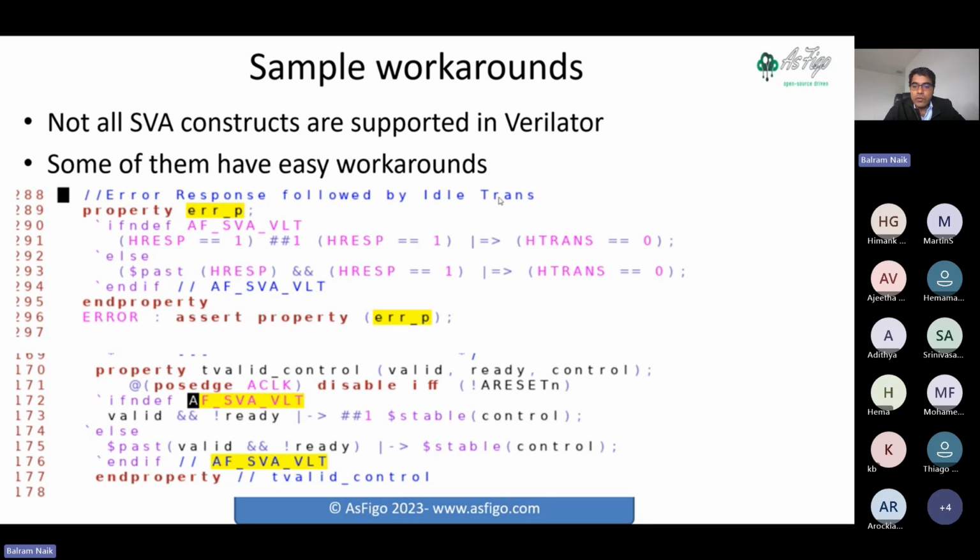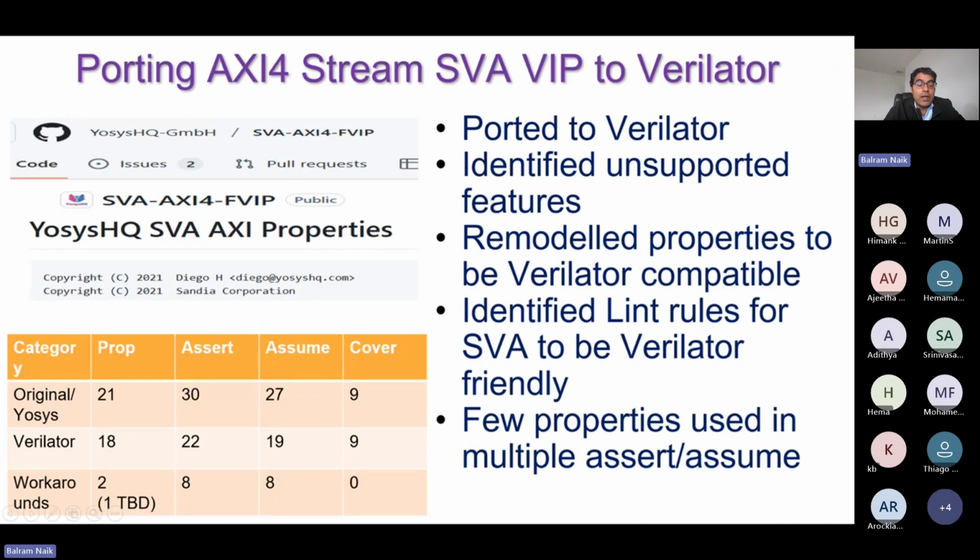And I will show what is not covered here. Yosys is an open source synthesis tool, which also has all the formal property verification embedded. The formal property verification has many checkers which originate through Yosys, and out of 21 properties, 18 are covered, 2 need some workaround, and some are in progress. For assertions, out of 30, 22 are covered, and out of 27, 19 are covered, with more to follow.